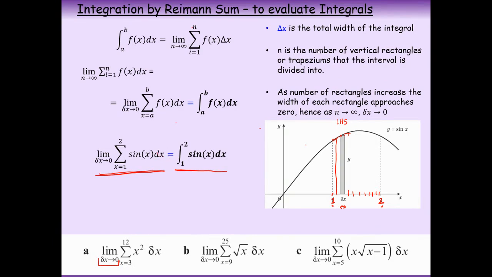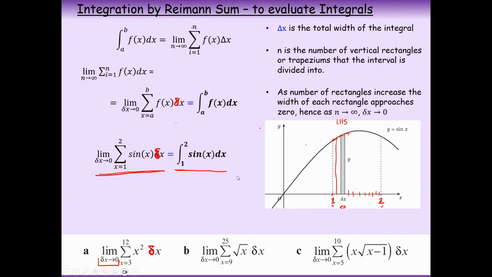Now, putting delta x here gives you a hint that this summation doesn't involve what we learned in chapter 3 of Pure Maths 2, but it's rather an integral. So pay attention because of the limit in front and this delta x here. What it means is that we are using integrals.